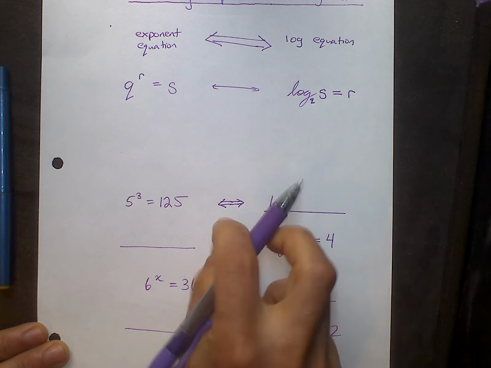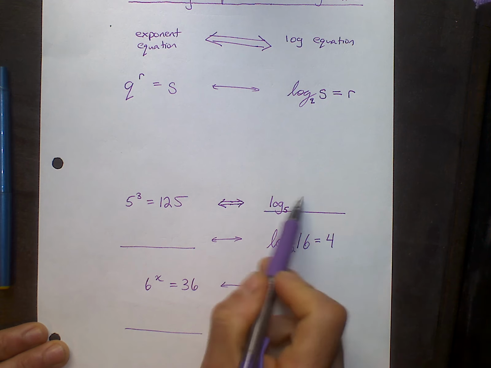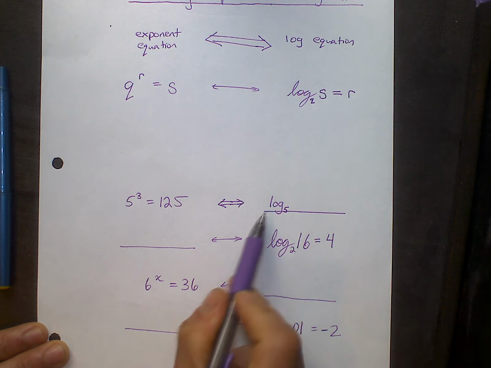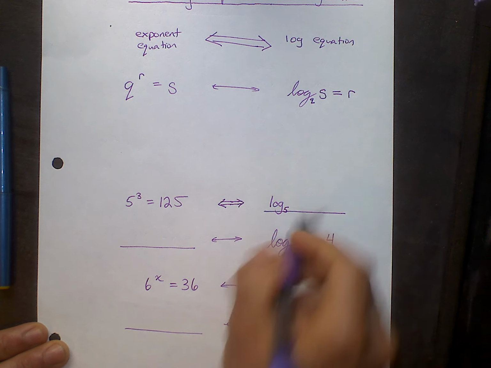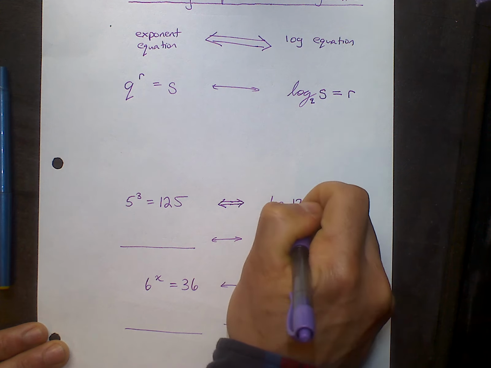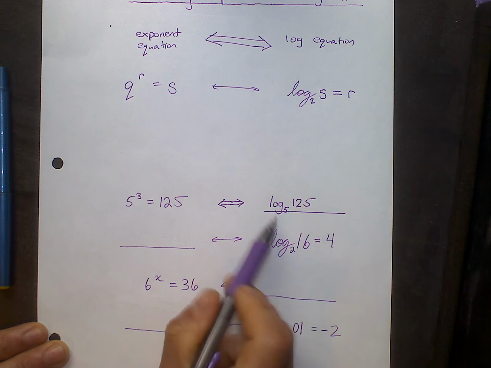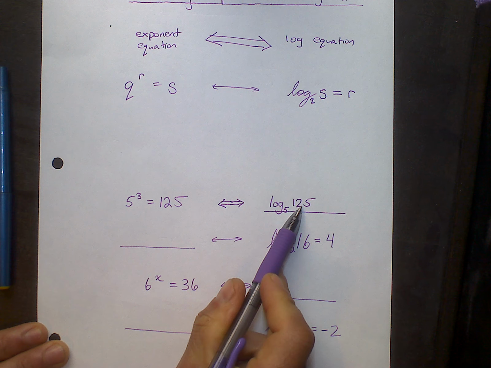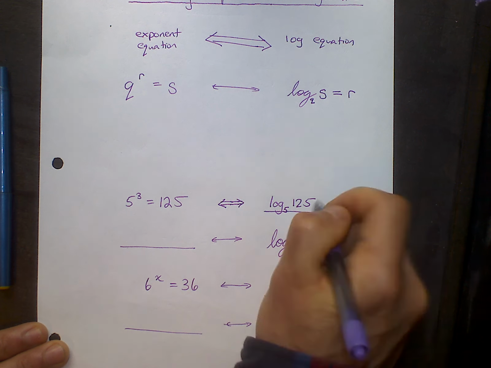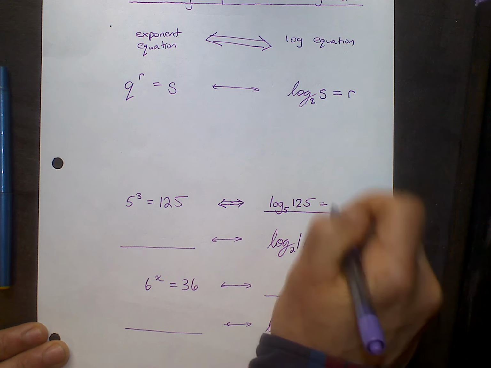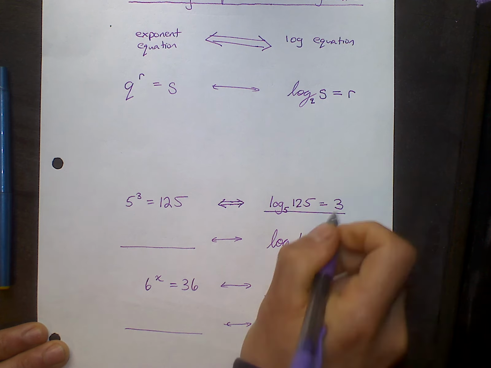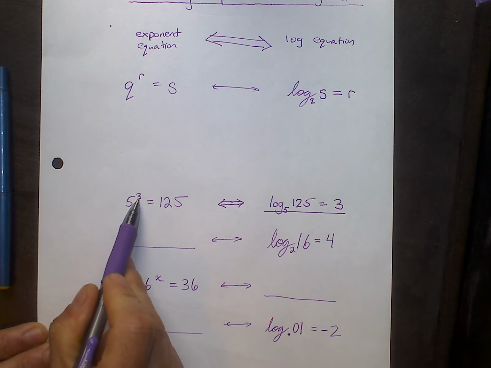It's lower, it's a little bit smaller. Then at the same size of this word log is what I'm putting as the output of the equation. So this is read log of 125 base 5 is equal to 3 because that is what was the exponent of the exponential form.